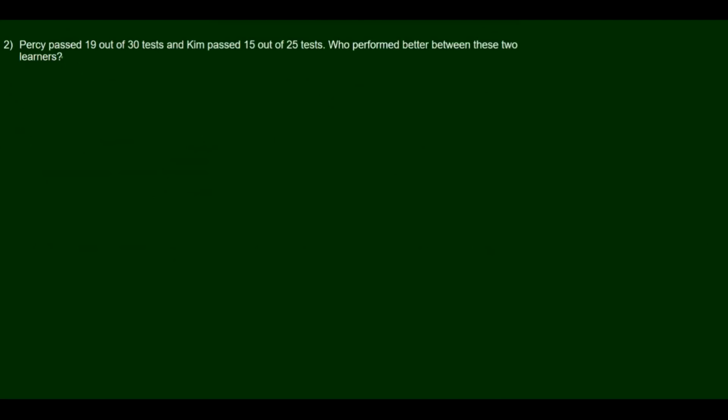Question 2. Percy passed 19 out of 30 tests and Kim passed 15 out of 25 tests. Who performed better between these two learners? So we want to find who has a higher percentage of passes. So we can convert these into percentages. For Percy, 19 out of 30 times 100 over 1. You can divide by 10. 30 divided by 10 is 3. 100 divided by 10 is 10.